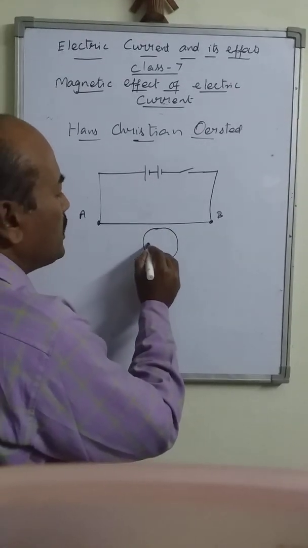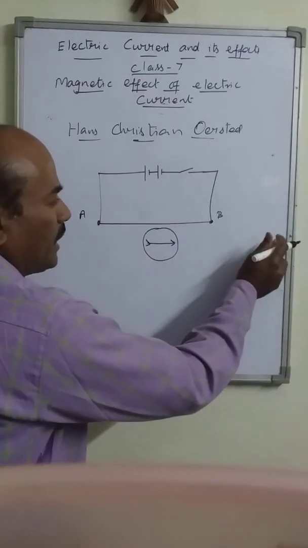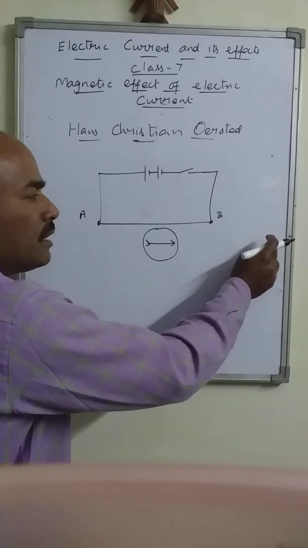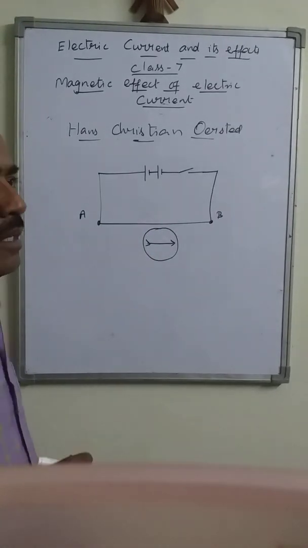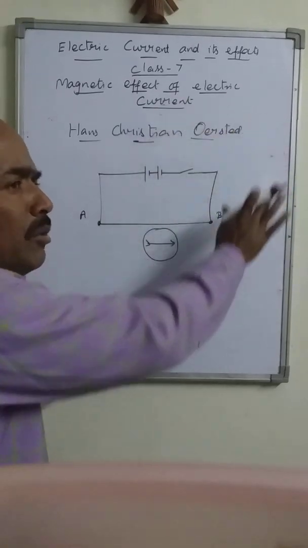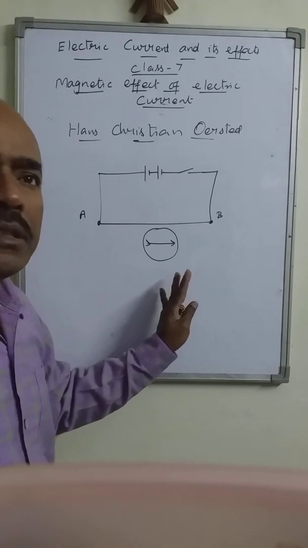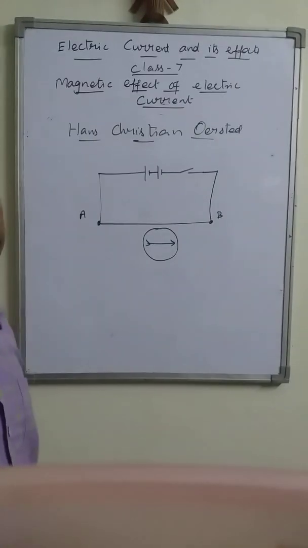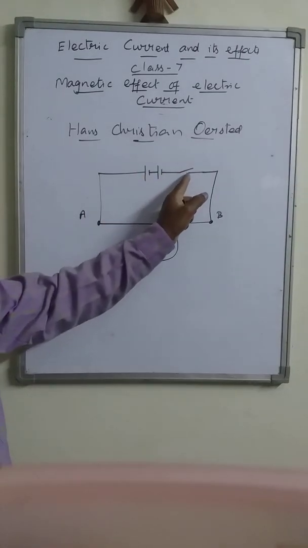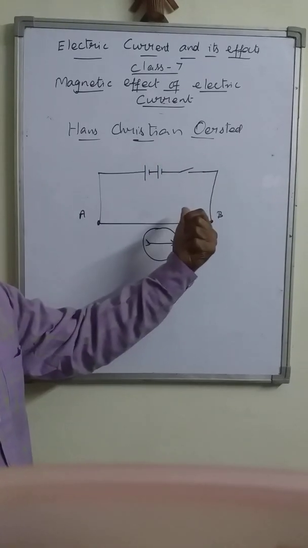Suppose this is the original alignment of this compass needle. Here we have the north of Earth, south of Earth. We are assuming it. Since there is no magnetic material, no magnetic field will be developed, and the compass needle shows its original position. Now the switch is open, so no current flows through the circuit.